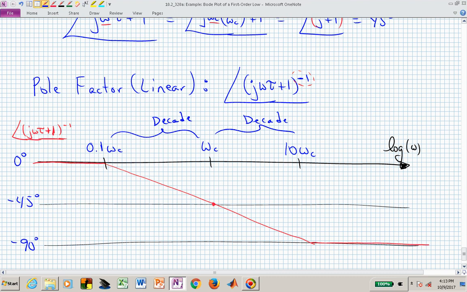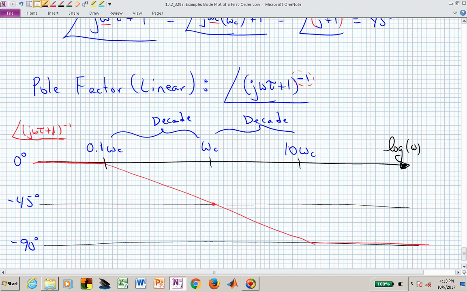And that's what makes the phase curves a little more challenging to draw than the magnitude curves. The magnitude curves, once they break, continue to slope. The phase actually kicks in a decade before the break. Can that be any more confusing? And then it quits sloping a decade after the break.